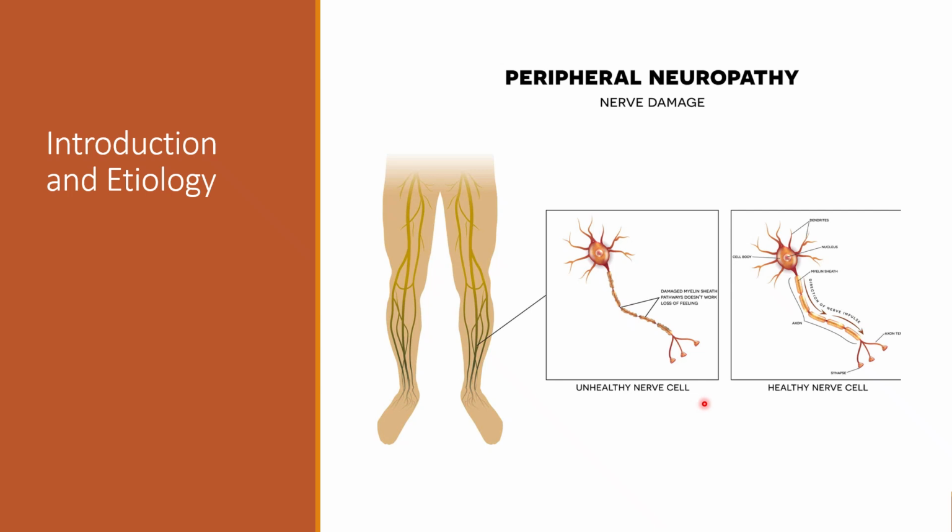So that can come from either causes from hereditary or genetics, or types of diseases like diabetes or kidney diseases, inflammatory diseases, or autoimmune, such as Guillain-Barré syndrome, Lyme disease, or HIV.